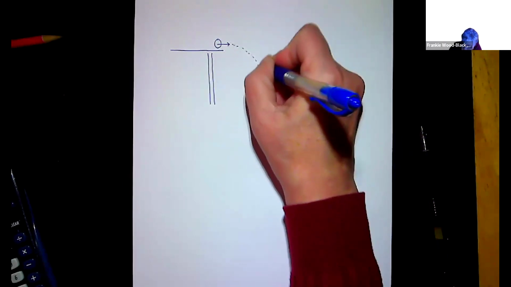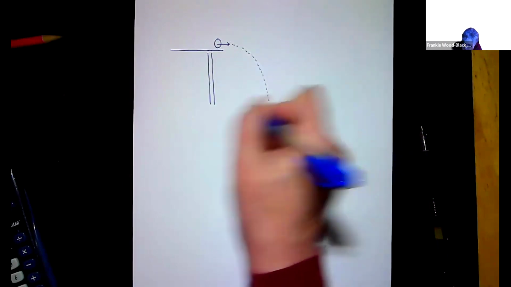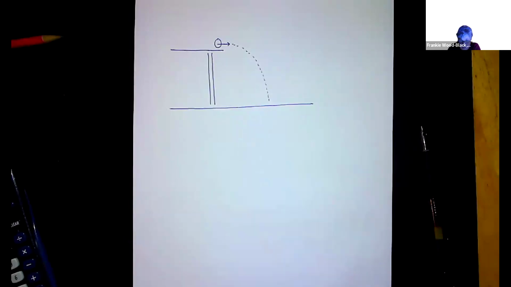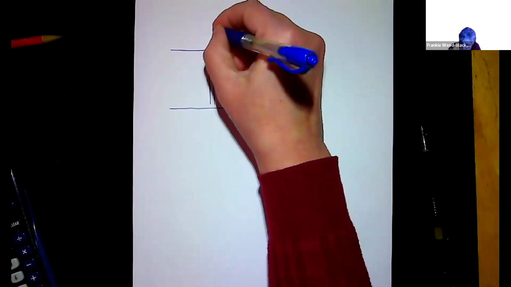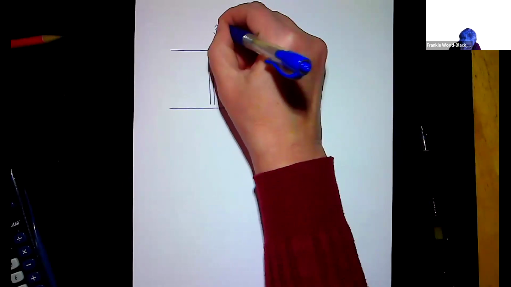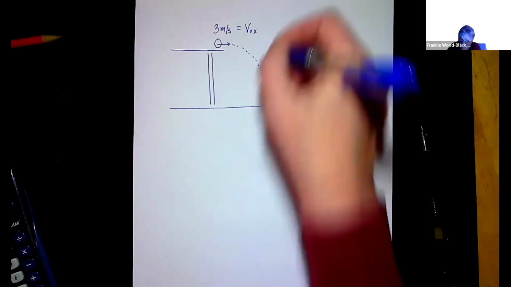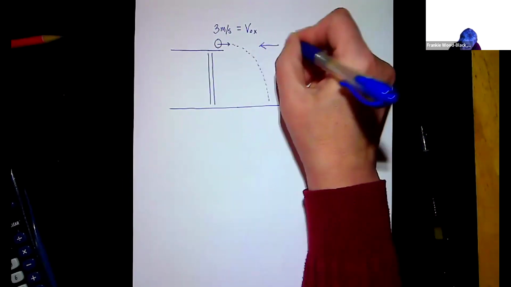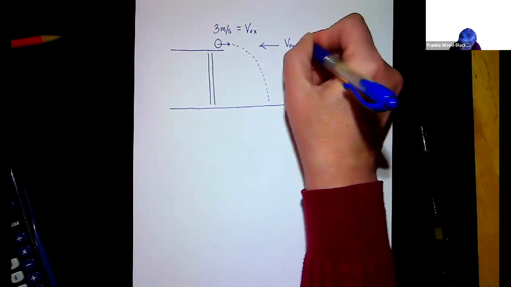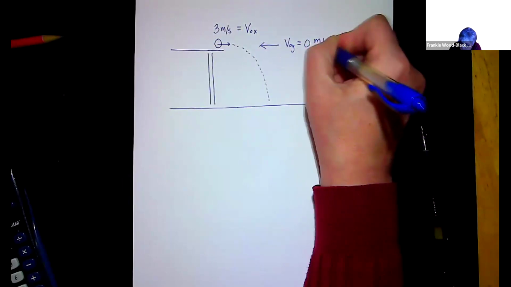It's going to look like that. That's exactly what it looks like. If I tell you that it's rolling off the table at 3 meters per second, this is my initial velocity in the x direction. But my initial velocity in the y direction, if it's just rolling off, is 0 meters per second.